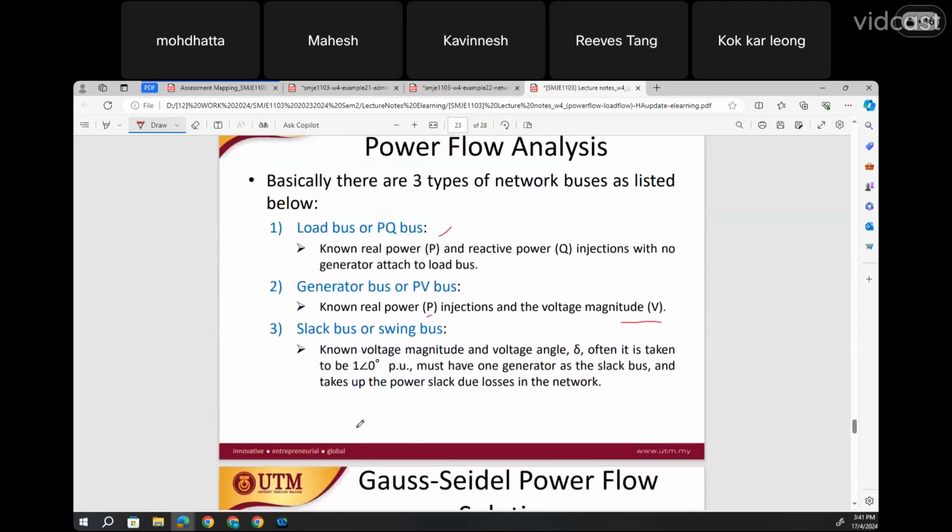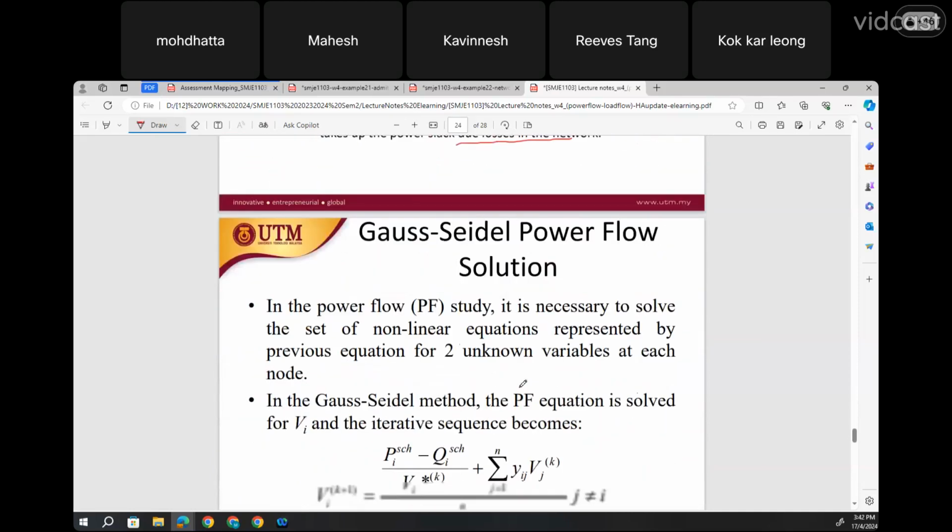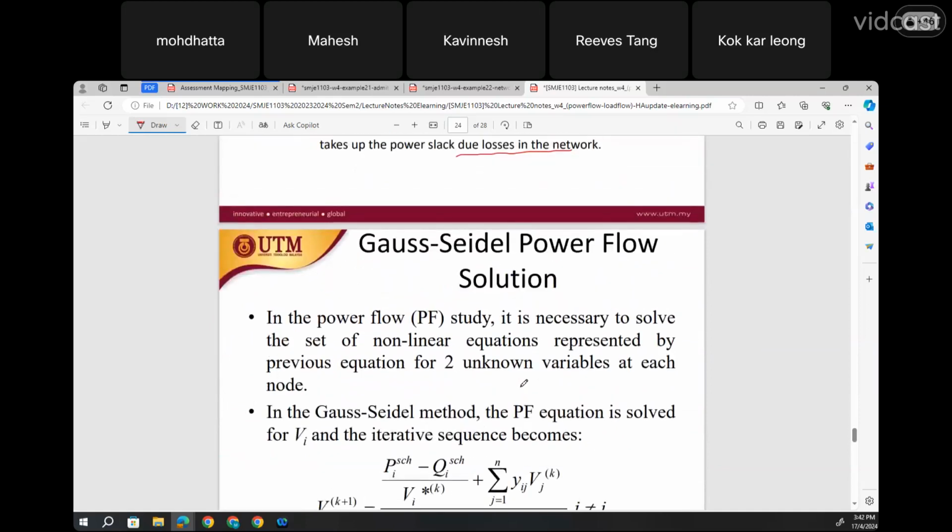And for the slack bus, we always regard it as our reference. The slack bus, also known as the swing bus, has the objective to determine the losses in the network, losses due to the transmission line, of course. For Gauss-Seidel power flow, in this course we only cover the Gauss-Seidel method.